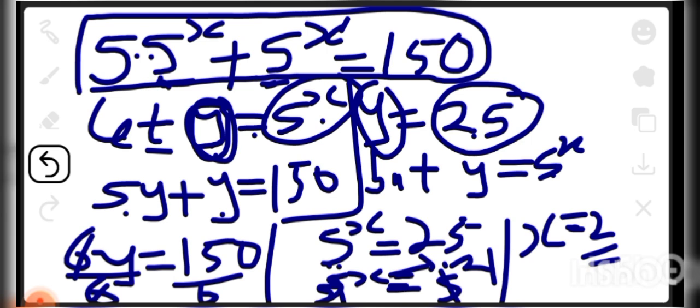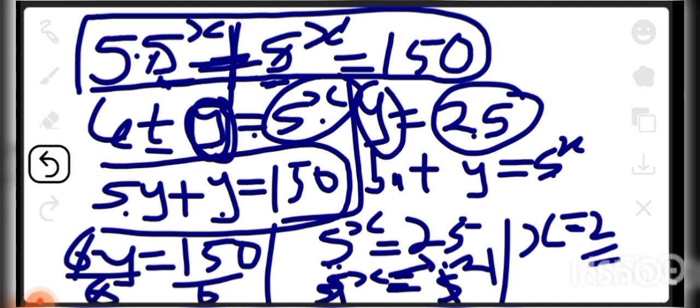The first thing, replace this 5 with an unknown because it's an indices. This is the methodology of solving this type of exponential equation. Just represent the indices with an unknown, then the next thing, the question will change to either a quadratic equation or a simple equation. Then solve out the quadratic equation or simple equation to get the unknown, which is this.